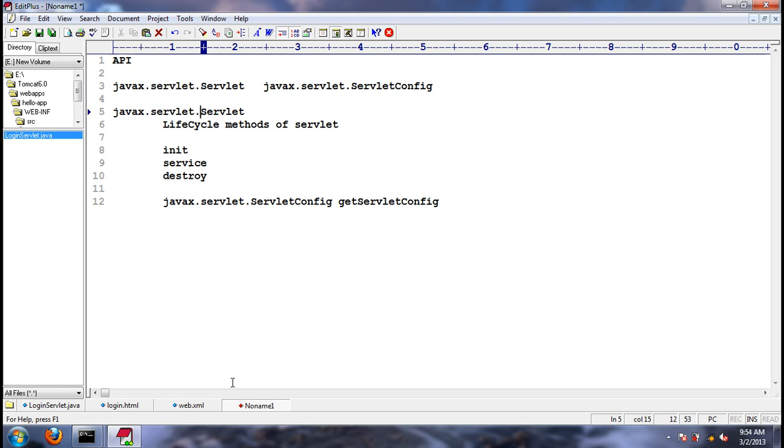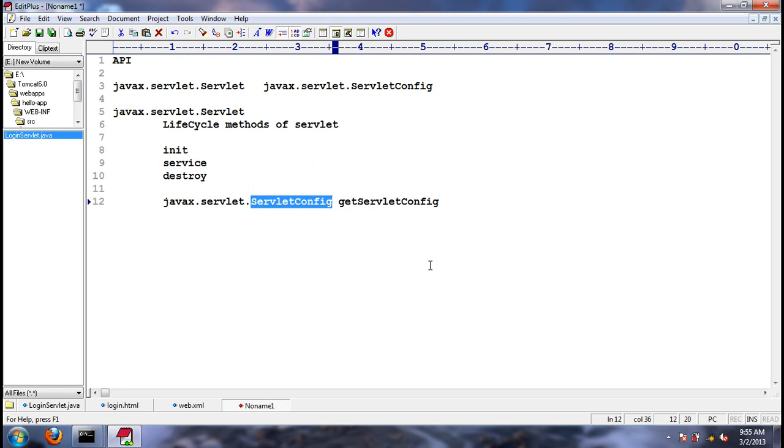In the Servlet interface there is a method getServletConfig whose return type is ServletConfig. These are the four important methods that exist in the Servlet interface. What ServletConfig is and its importance, we will discuss going forward.